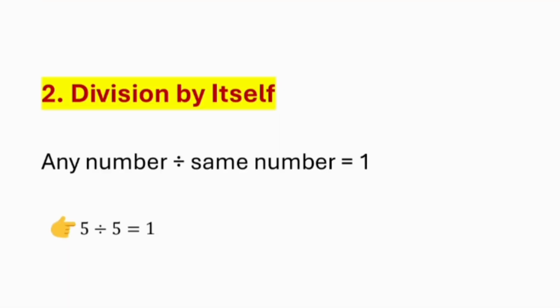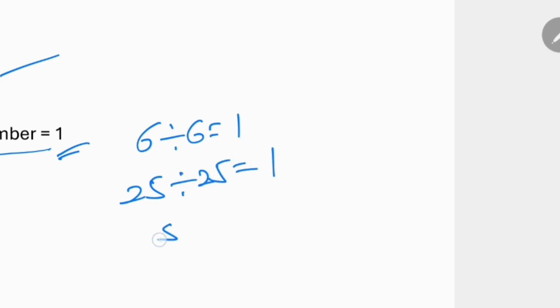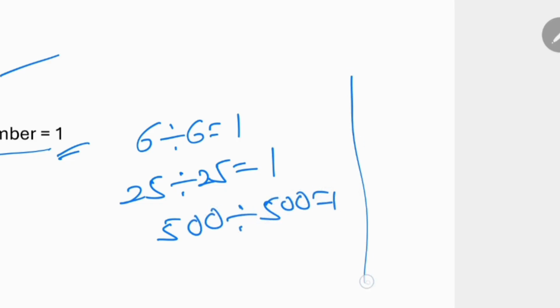Next, division by itself. Any number divided by the same number, then we get 1. For example, 6 divided by 6 is equal to 1. 25 divided by 25 is equal to 1. 500 divided by 500 is equal to 1.